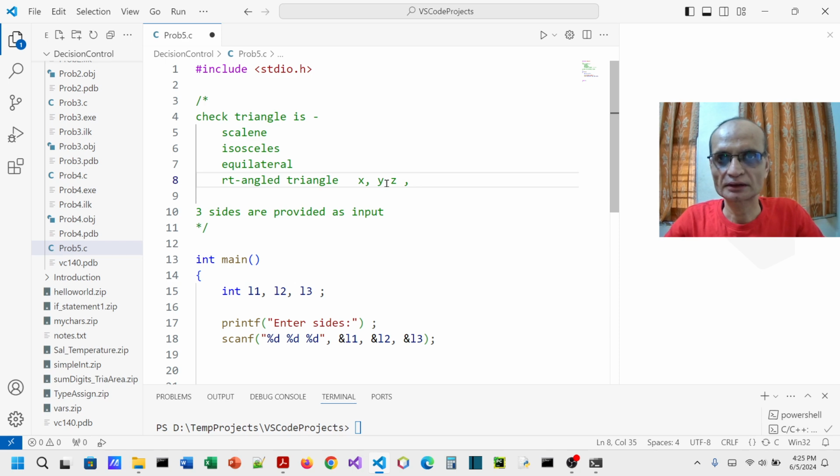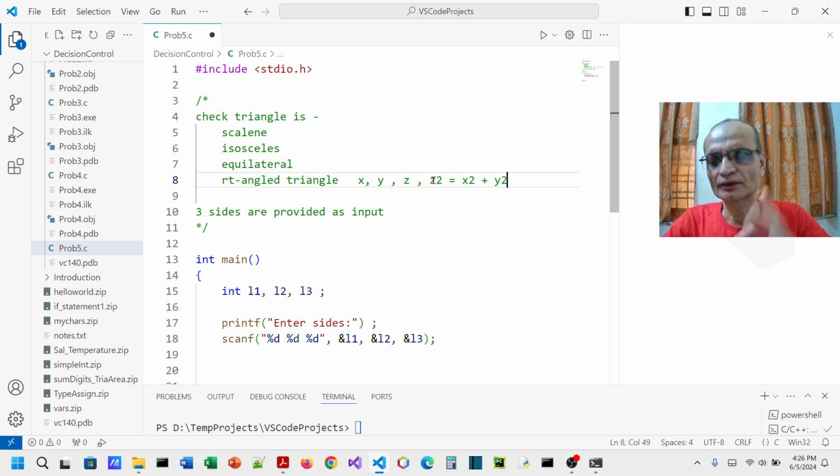Or basically the diagonal, or some people call it the hypotenuse. If x y z, then we can simply say z square is equal to x square plus y square. If this condition is met, then in that case I will say that it is a right angled triangle.